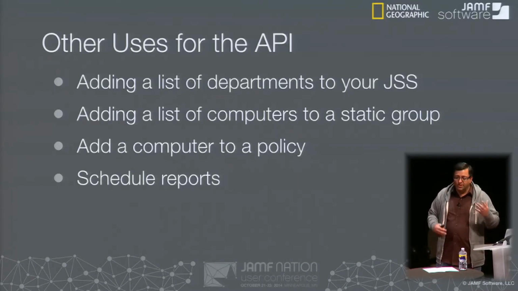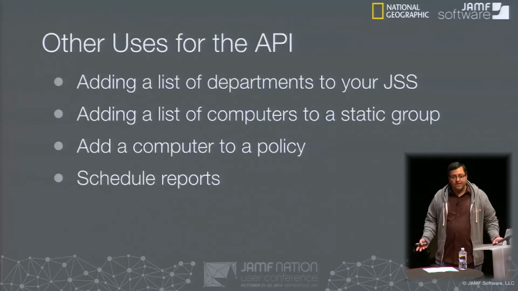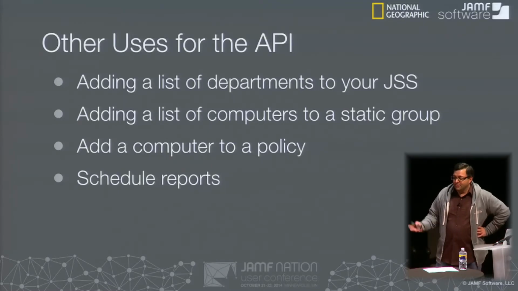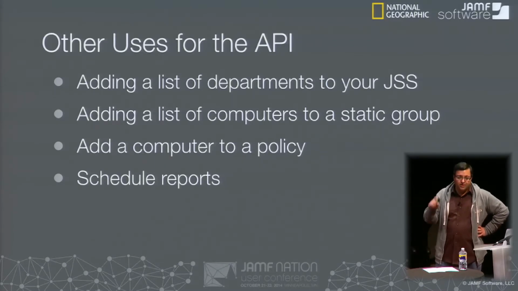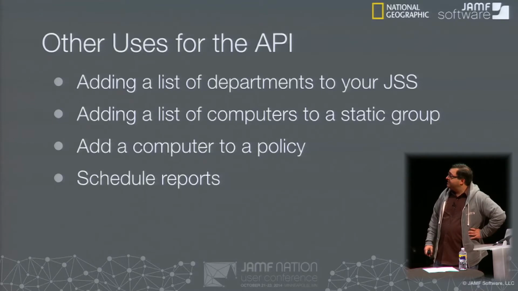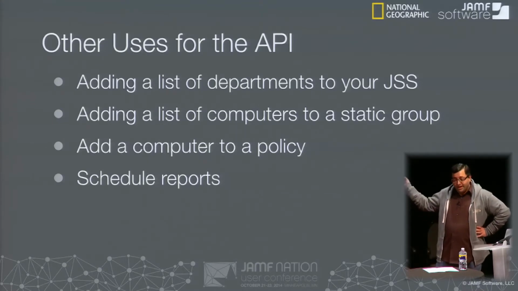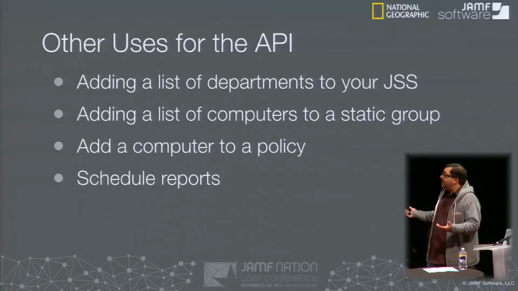So the only way to automate that is with the API. I was able to take a list of departments and use the API to put them in there. Otherwise, I'd be going in there and clicking on plus, typing it in, save, plus, type it in, save. Really tedious. Of course, you could add computers to a static group, which is what the original script was doing. You could add a computer to a policy.